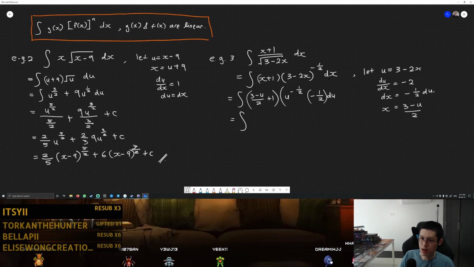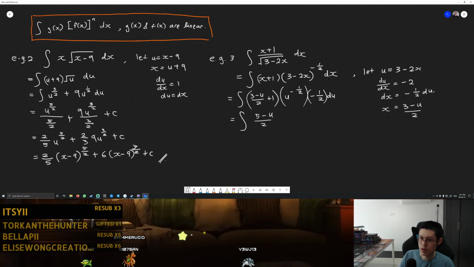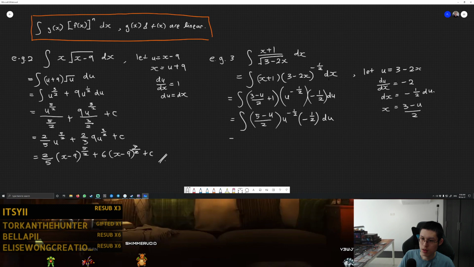Let's simplify this first. So what do we get? We get 3 plus 2, which is 5. So (5 minus u)/2 times u^(-1/2) times negative 1/2 du. Then we're going to factorize the negative 1/2, 1/4 out. So we're left with (5 minus u) times u^(-1/2).